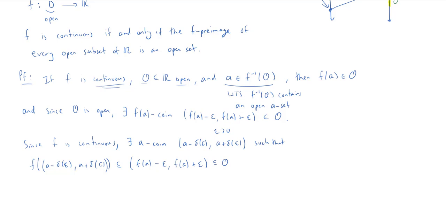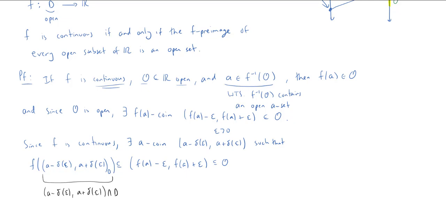They're not in D. So what we actually have to do is use this notation here. Sub D just means intersect with D. Okay, so recall here that this is equal to a minus delta of epsilon, a plus delta of epsilon, intersected with D. Okay, so that's part of that thing we got to do, right? Whenever we evaluate a function, we got to make sure the points are in the domain.